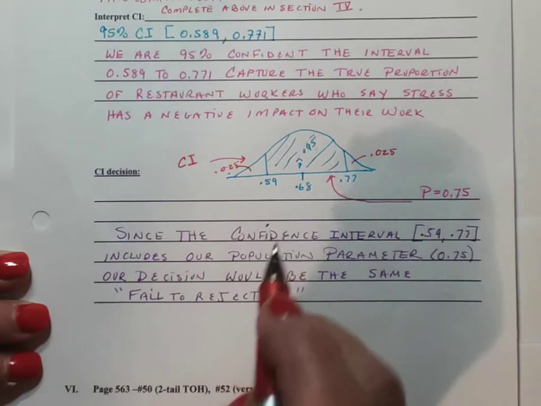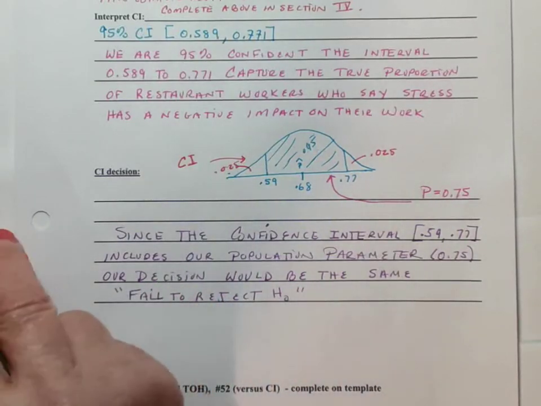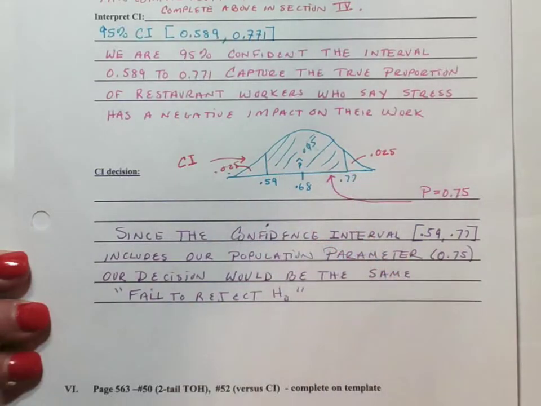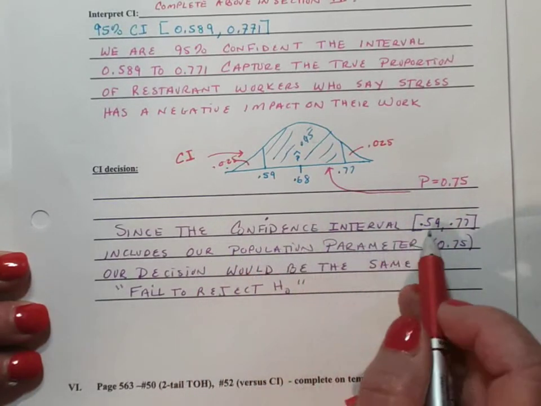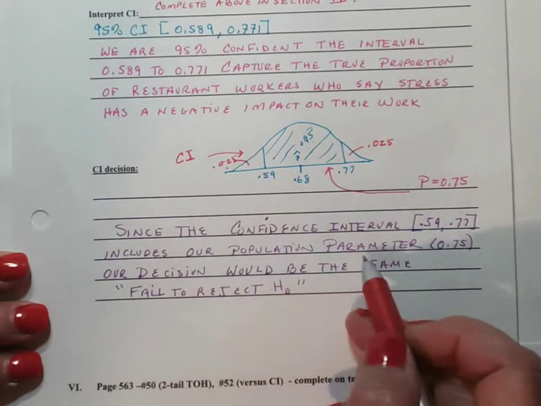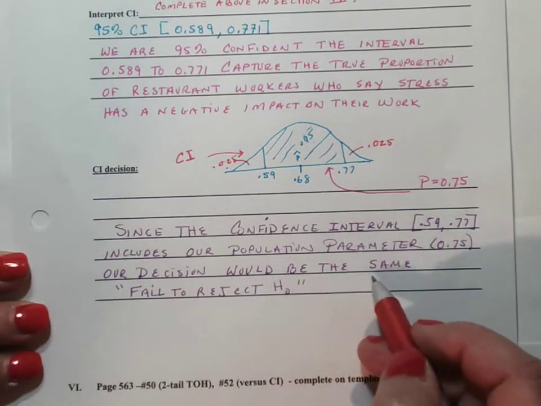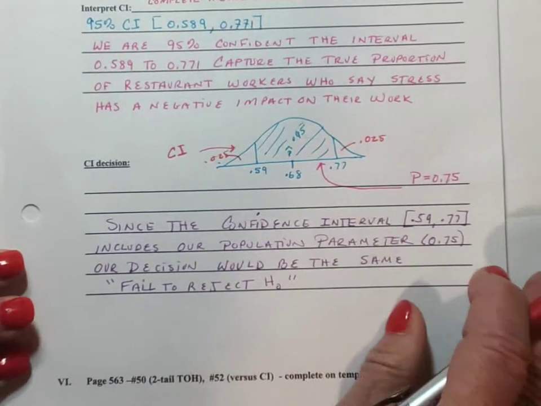And remember that the confidence interval is only comparable to a two-sided test. You can't compare this with a one-tailed test. Since the confidence interval, 0.59 to 0.77 includes our population parameter 0.75, our decision would be the same. Fail to reject the null hypothesis.